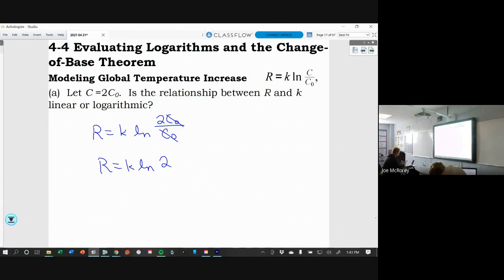Let you think for a second. There are 16 of you in here. I want to see 16 answers. Hopefully only 2 different ones. If you think this is linear, raise your hand. I can see the disappointment.